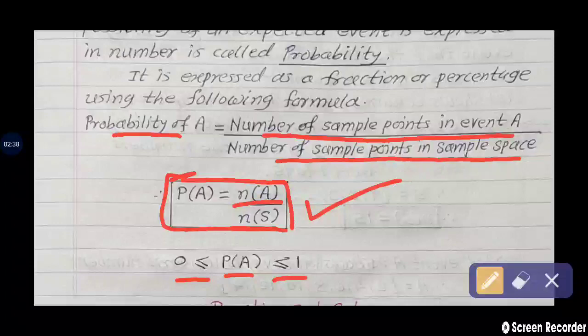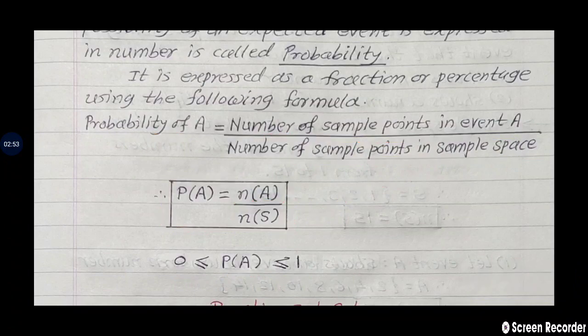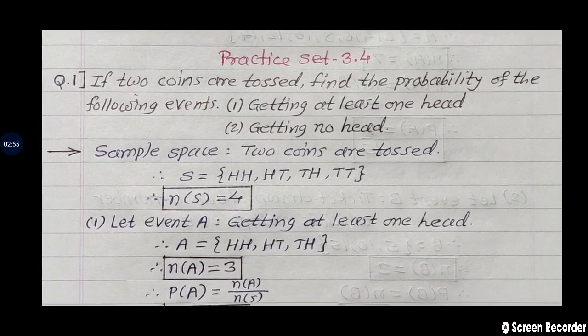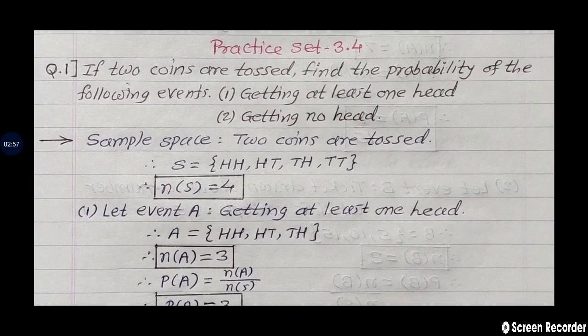You will not get an answer less than 0 or greater than 1. In between 0 and 1, you get all the answers of events. This is an important concept. So today we solve some problems from practice set 3.4.